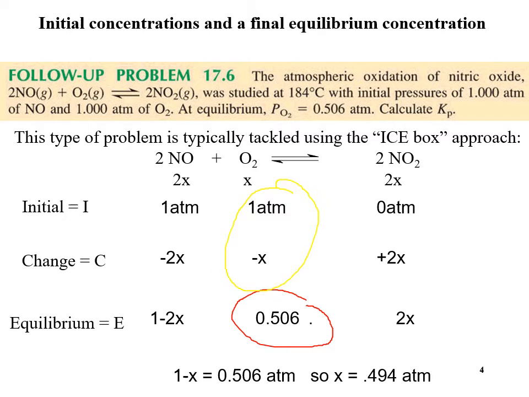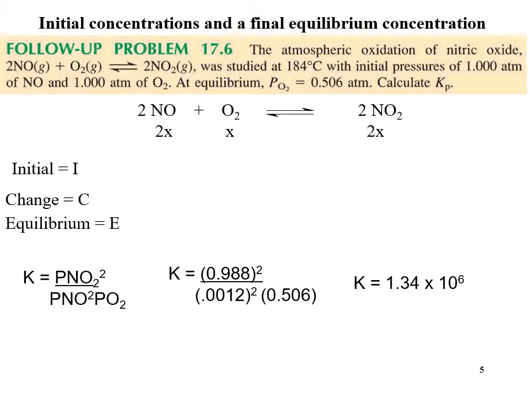And then we started with 0, and we made 2x, so 2x is for nitrogen dioxide. Okay, so when we solve for x, x is 0.494.